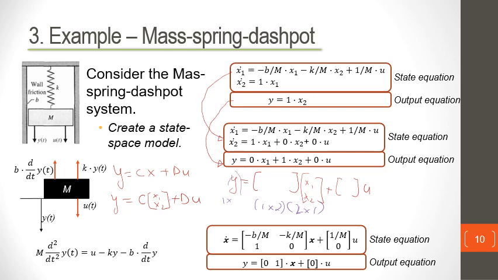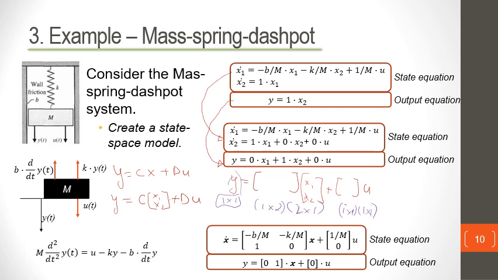In the case of d, we have a 1 by 1, and we need to multiply it with a 1 by 1, so that our output is also 1 by 1. So recall that manipulation of matrices.